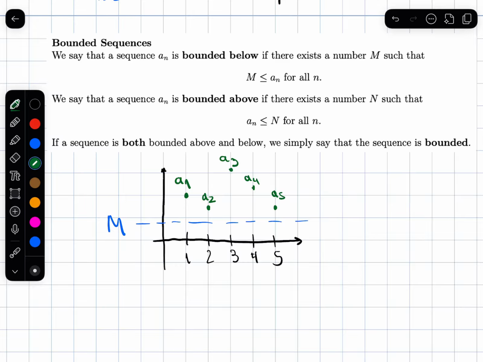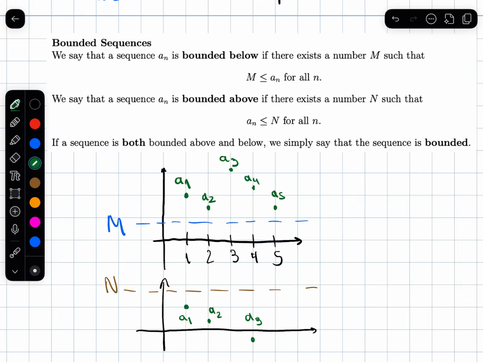Likewise, you can have this other number, let's say maybe n above here. And then your sequence now is going to stay underneath. So maybe this is a1, this is a2. Maybe it goes down forever.